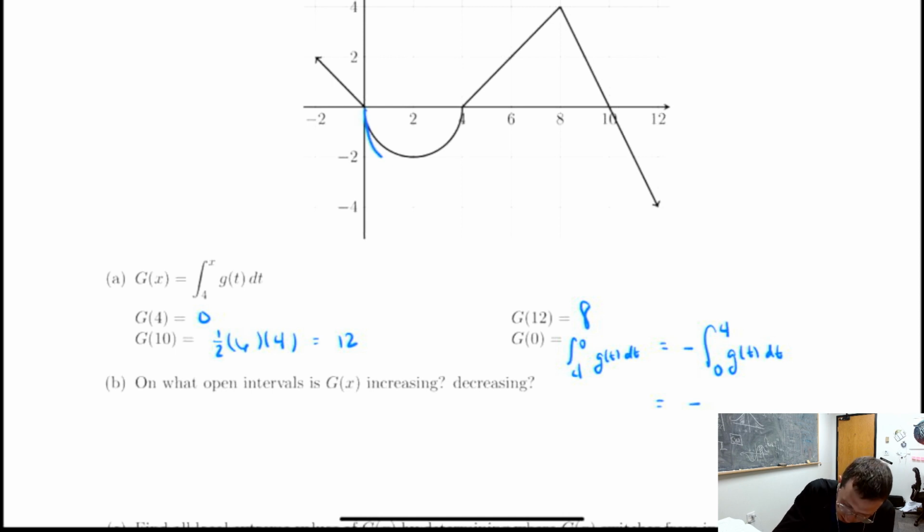Now the integral from 0 to 4 is this area, but negative because it's below the x-axis. We're looking at a circle of radius 2. So a circle of radius 2 has an area of pi times the radius squared, but it's only half of a circle. So we should take half of that.